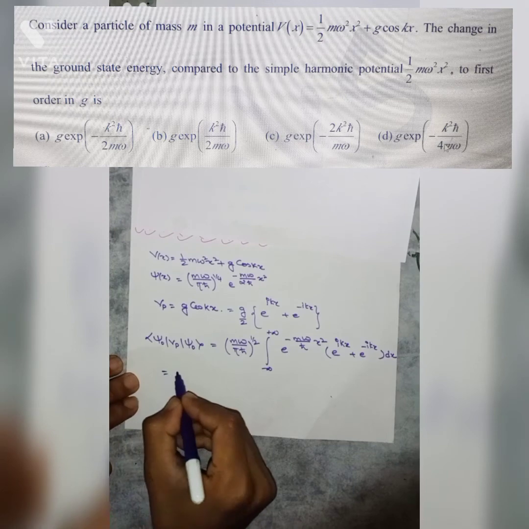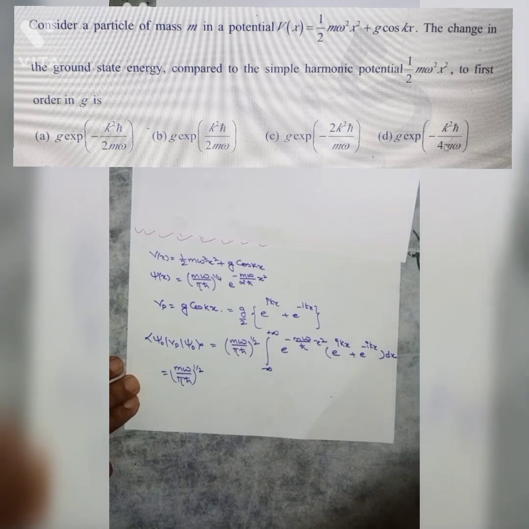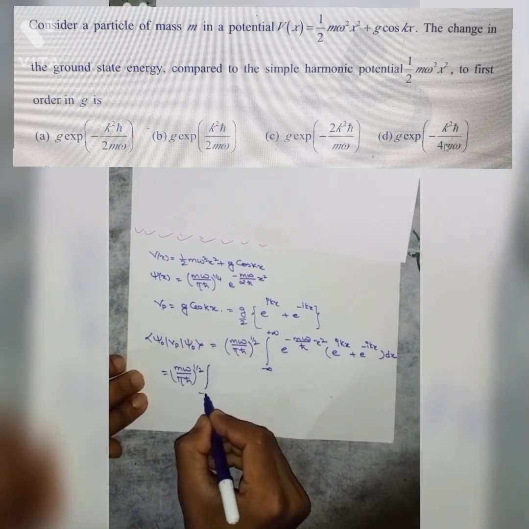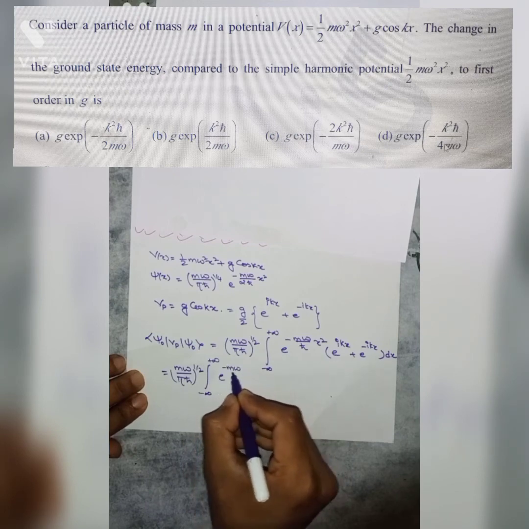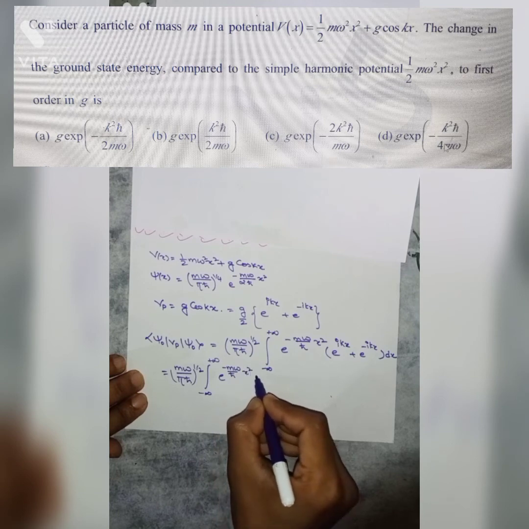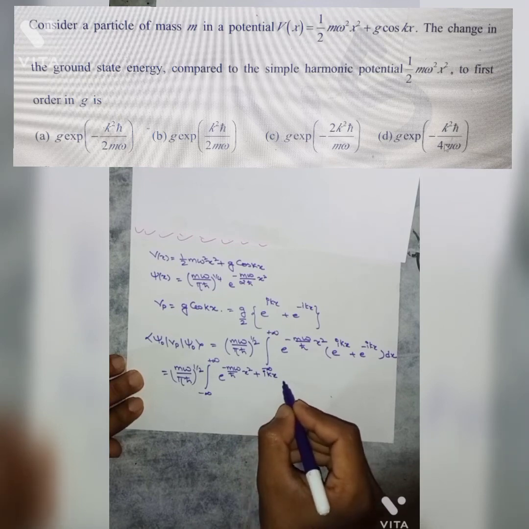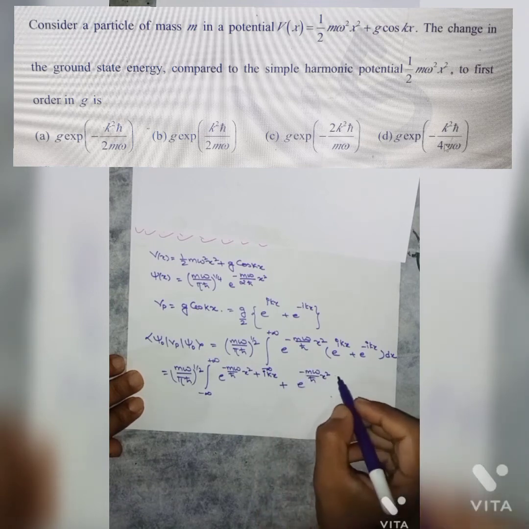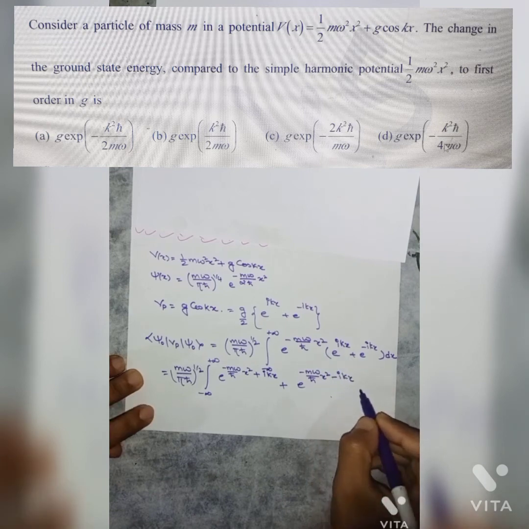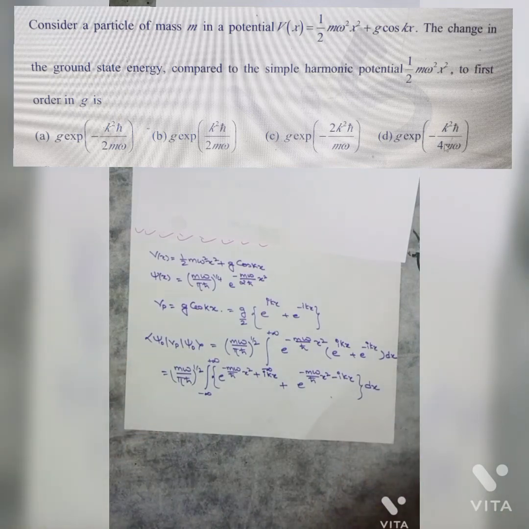Further, this is (mω/πħ)^(1/2) times the integral over minus infinity to plus infinity of e to the power (minus mω/ħ x squared plus ikx) plus e to the power (minus mω/ħ x squared minus ikx), and this is whole dx, right?